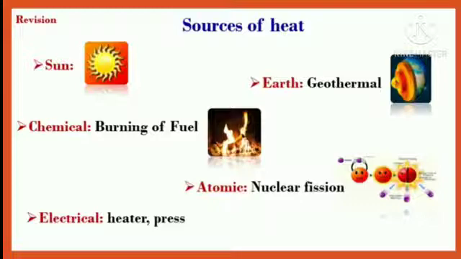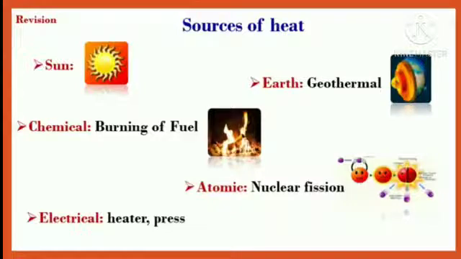Electrical energy. In your daily life, you have seen several equipments which produce heat with the help of electricity. Examples are electric press, electric heater, etc. Thus electricity is a source of heat. Atomic energy is also a source of heat.